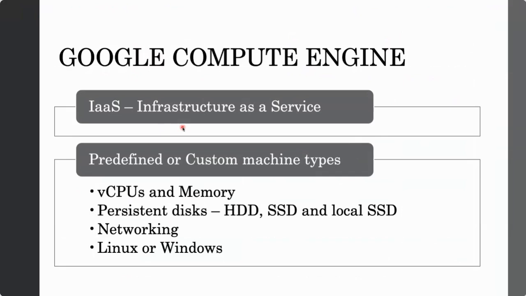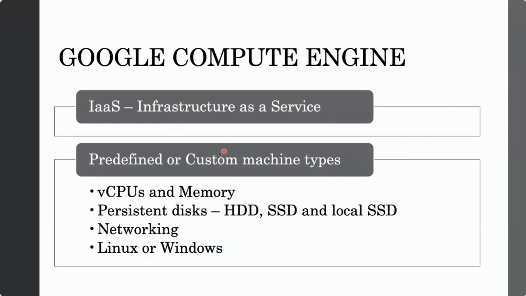If you have no networking knowledge, we discussed this yesterday as well, if you attended yesterday's webinar, that if you want to have a network, you can get a network from Google Cloud, and afterwards you can spin up your own instances on top of this. So basically, you're renting out some infrastructure space from Google Cloud, and you only pay for the time you use that infrastructure, right? That's what infrastructure as a service means, that you're renting out an infrastructure from Google Cloud Platform, right?